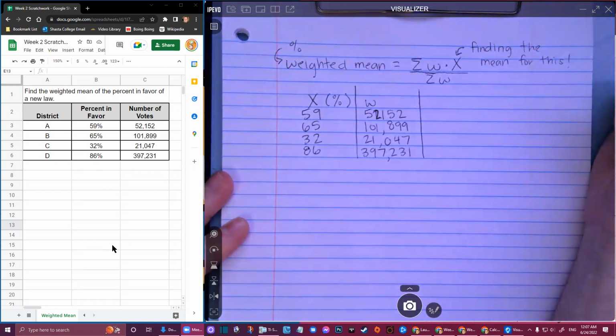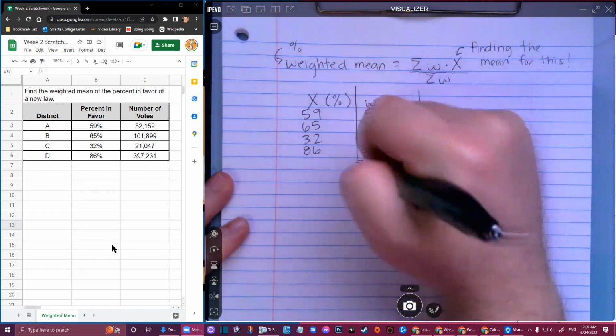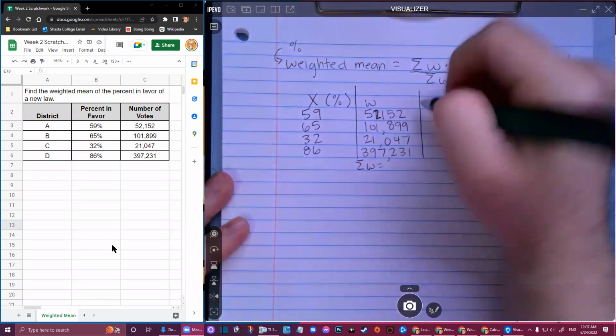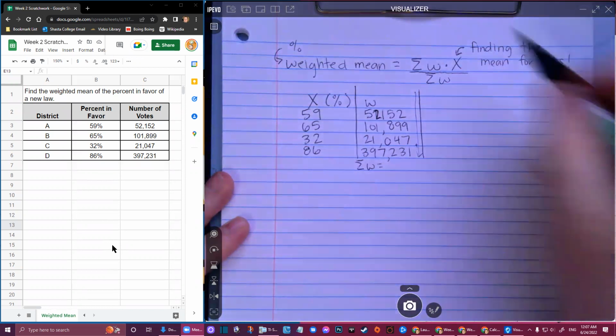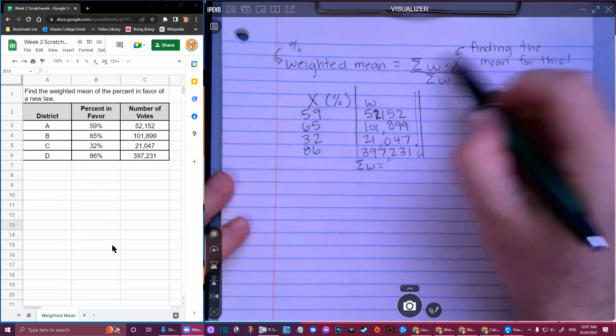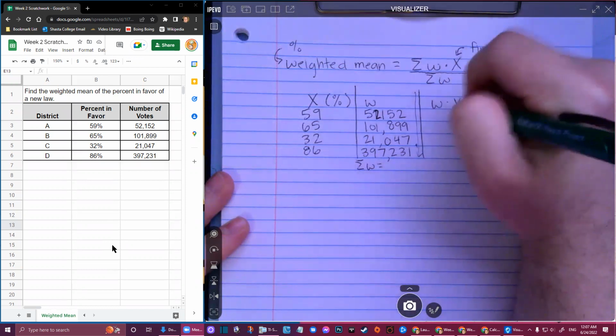Looking at this formula, I know that I'm going to need the sum of this weight column. I'm going to need to add down this column. I also know from the numerator of that fraction, I need the weight times the X value.